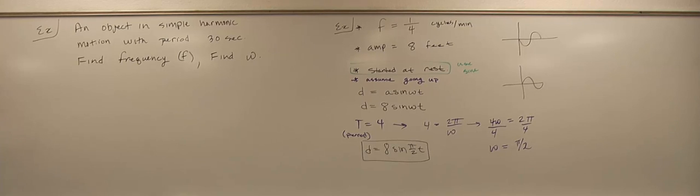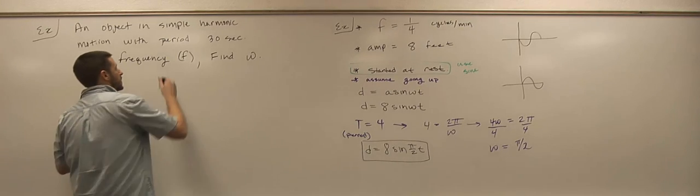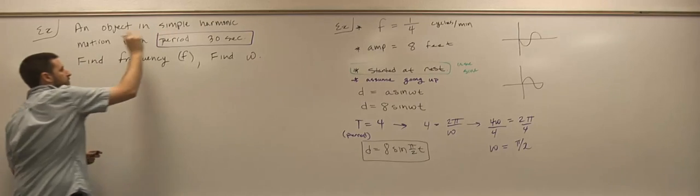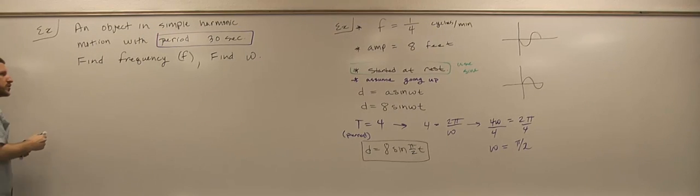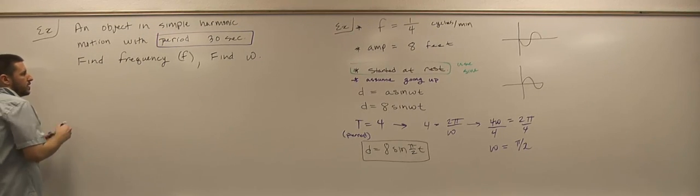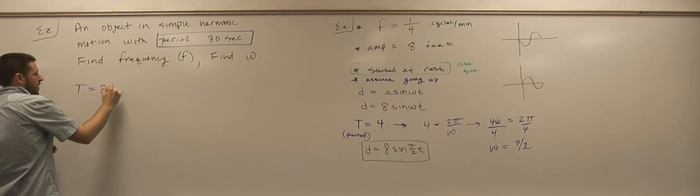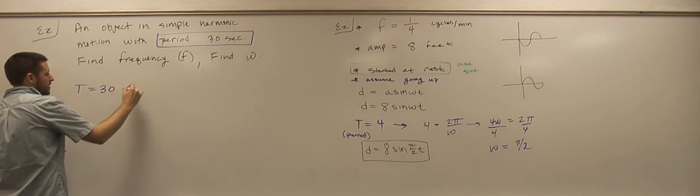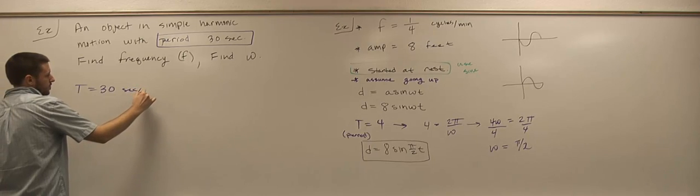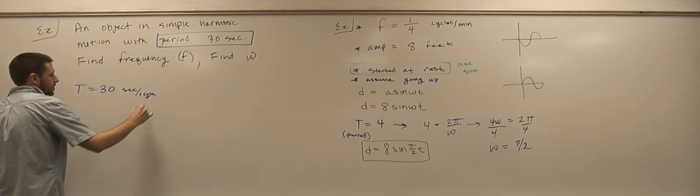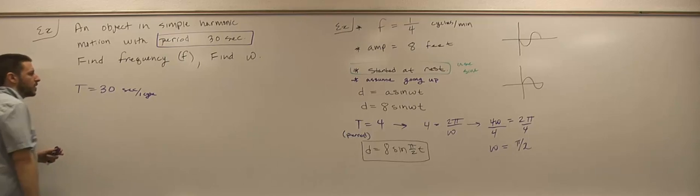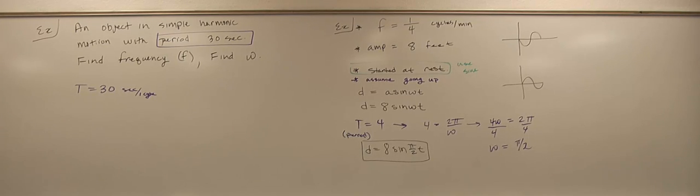So immediately, as soon as you see the period, you know the frequency. If the period is 30, that means T equals 30. And this would be 30 seconds for one cycle. So then if I wanted the frequency, what would you tell me?